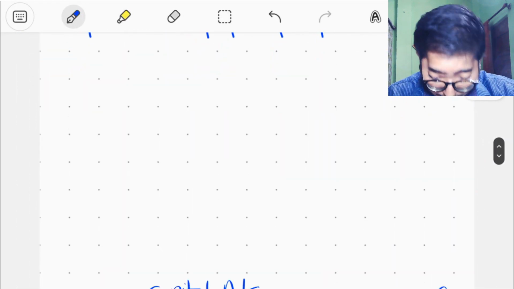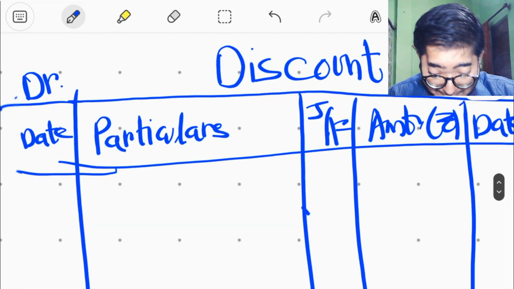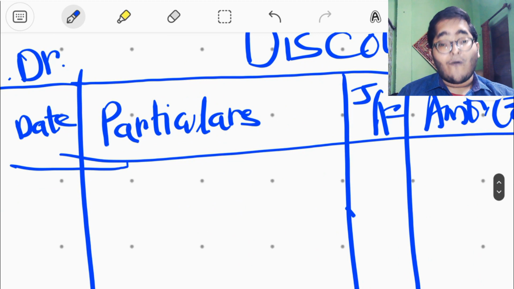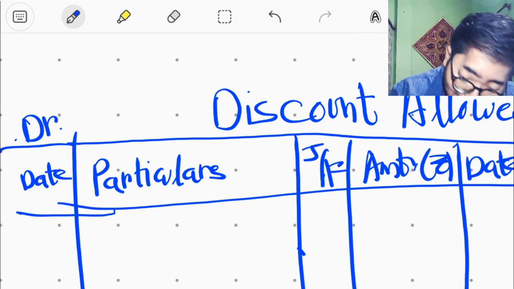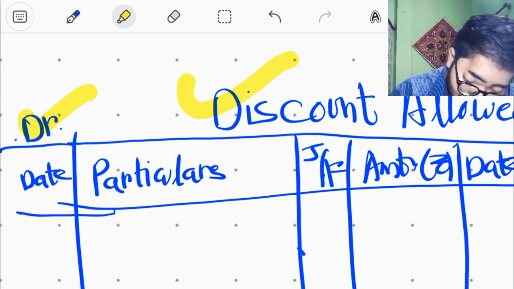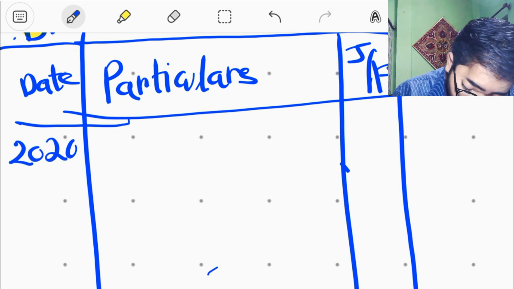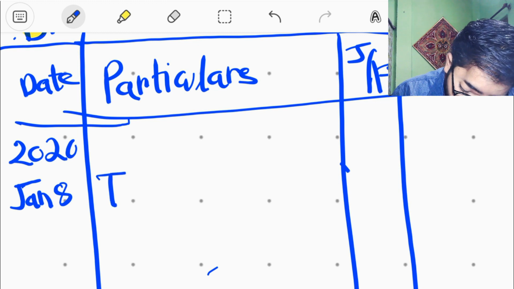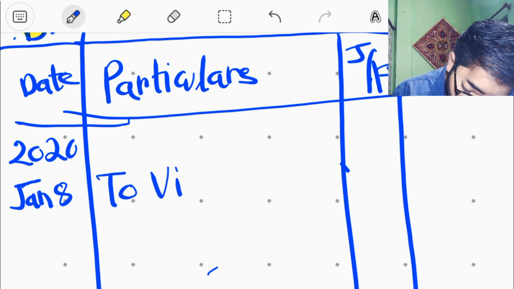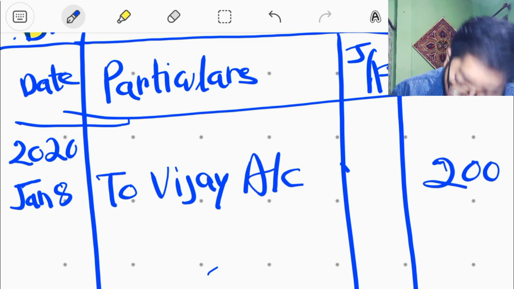Discount allowed account. Discount allowed is an expense, it is a loss for the business. That is why all losses and expenses are debited. Discount allowed account debit. The date of the transaction 2020, January 8, to Vijay account. How much? 200.